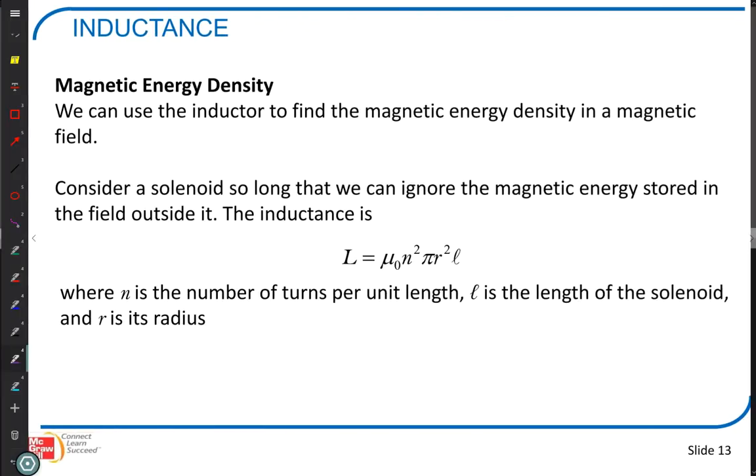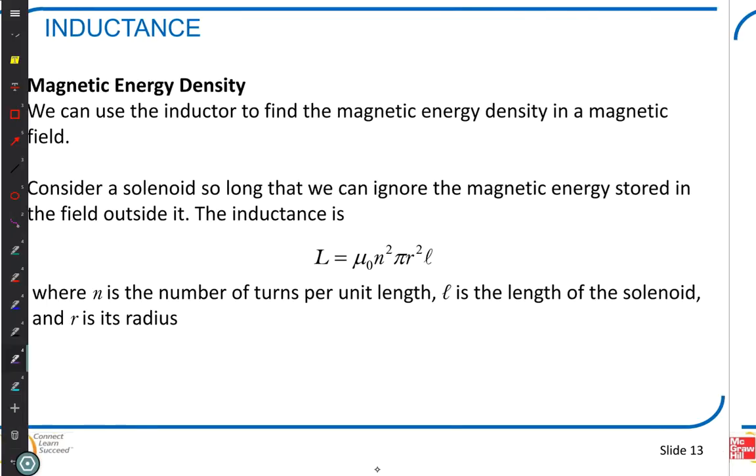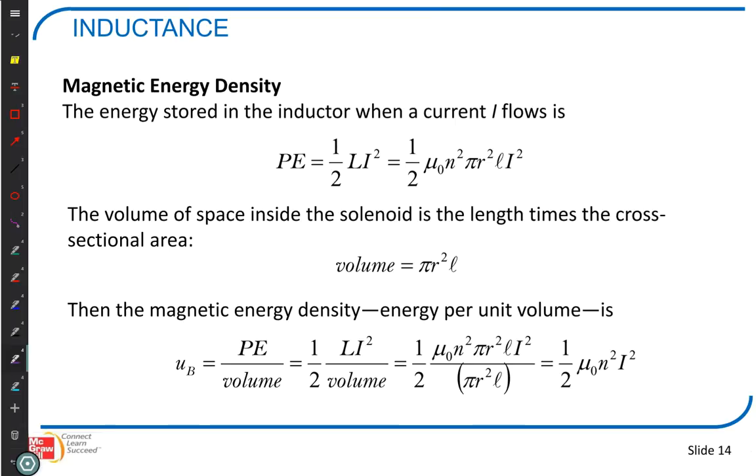So if we substitute the equation here for the inductance in the inductor, then the potential energy stored in the inductor, 1/2 L I squared, is 1/2 times this right here, which is the inductance. But wait, the inductor is a cylinder with area pi r squared and length l.